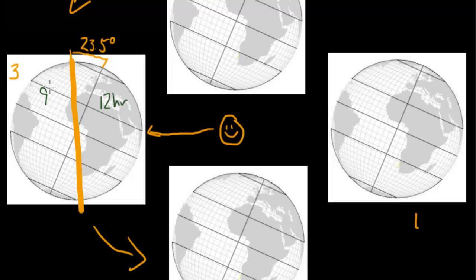This is the 9 hours of, at least for us, way the heck up here, 24 hours of illumination up here, 24 hours of darkness down here. And then 3 months later, the Earth moves over to this location.